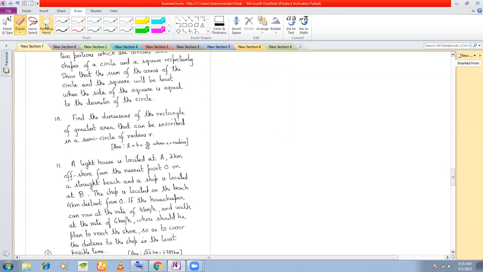The question here is, find the dimensions of the rectangle of greatest area that can be inscribed in a semicircle of radius r. So let us draw a semicircle.